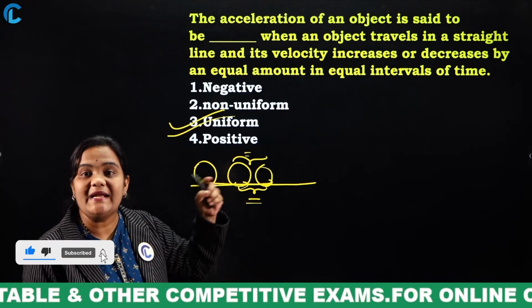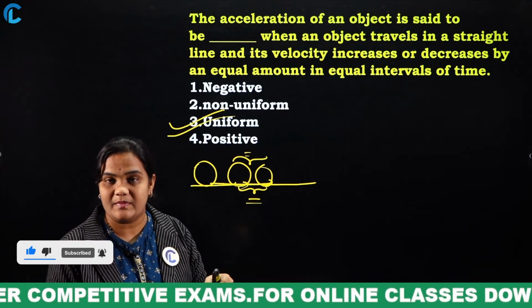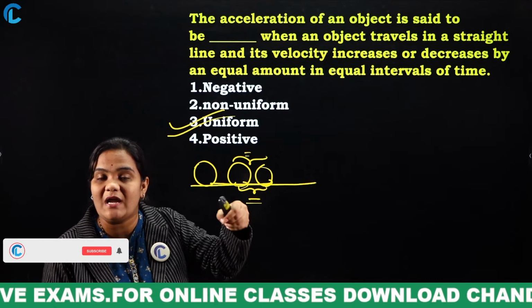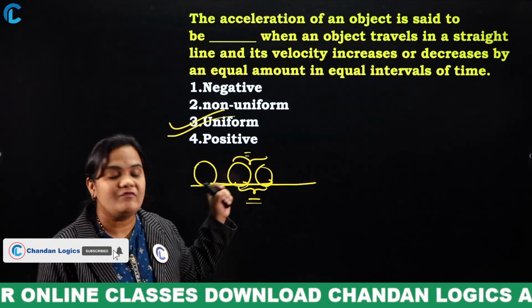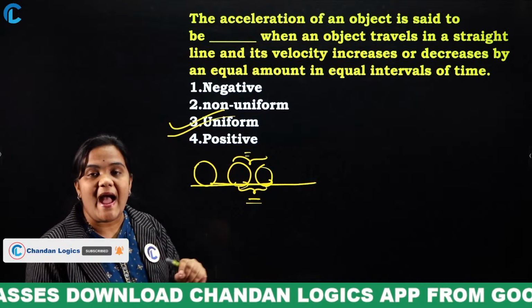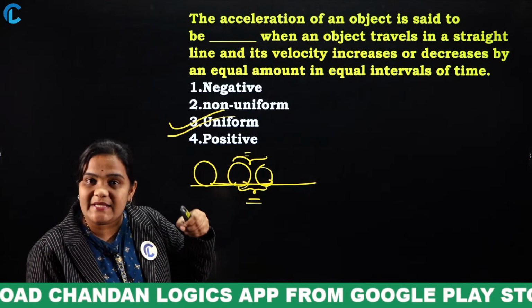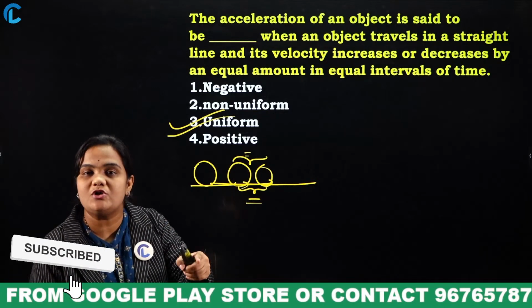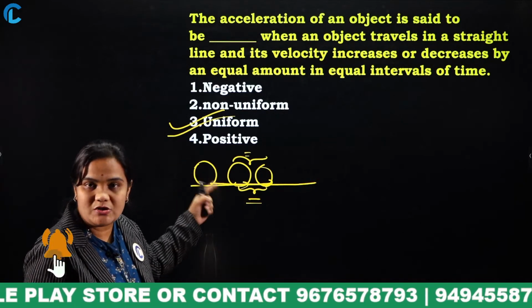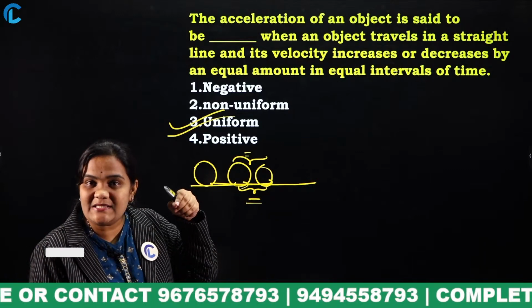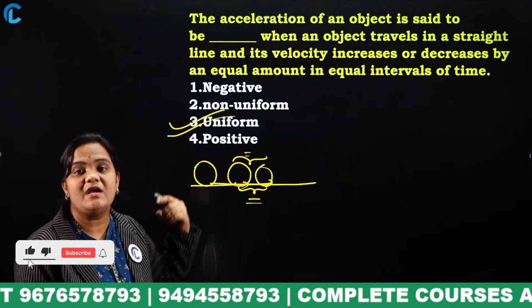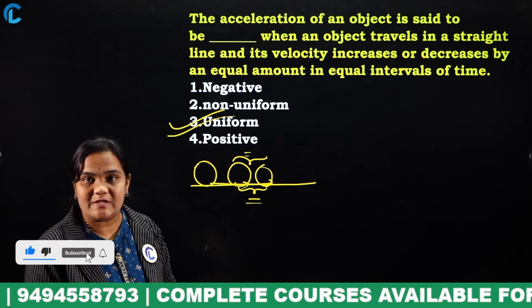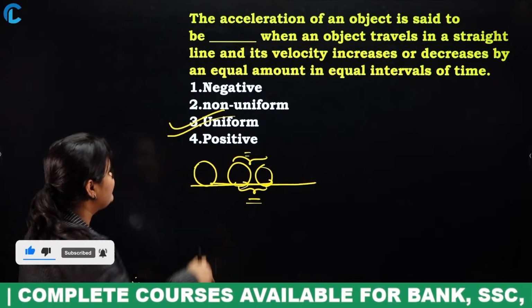If it is in unequal amounts in unequal time intervals, we say it is non-uniform. If the speed is increasing in a positive direction, we say it is positive acceleration. And if the speed is decreasing in a negative direction, we say it is negative acceleration. Clear? So, the answer for this question is uniform.